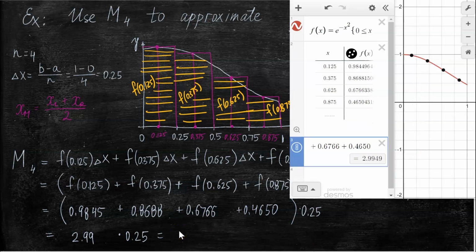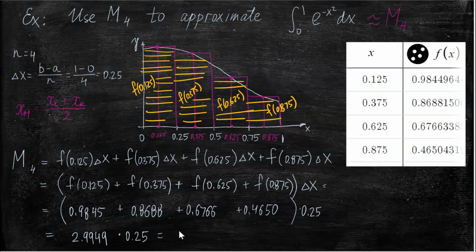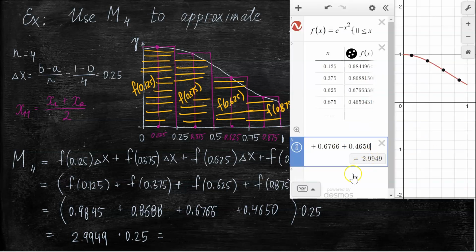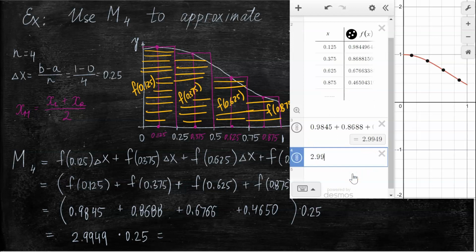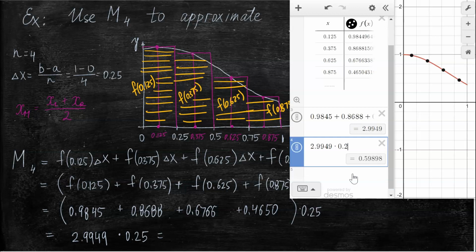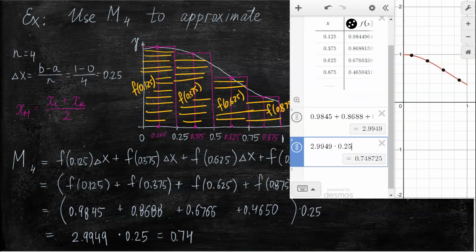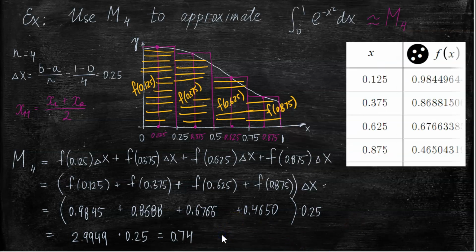So we got 2.9949, and finally multiplying it by 0.25, we get the answer of 0.7487.